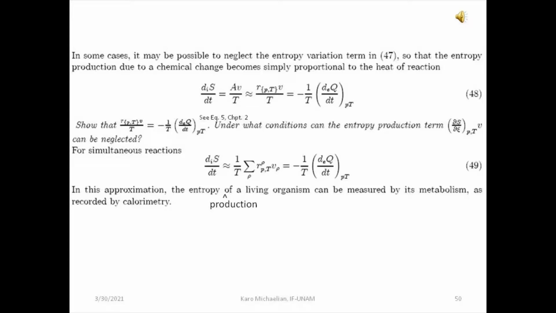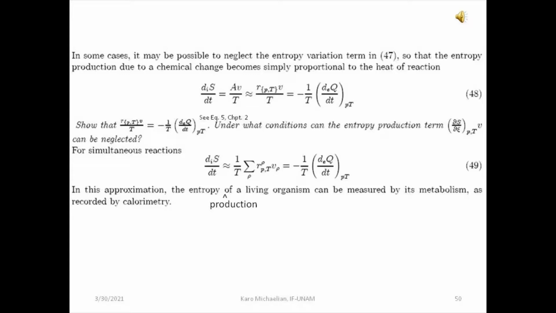So the case we have given is just for one chemical reaction, but we can do the same for a system in which there are multiple simultaneous chemical reactions occurring. Then to determine the entropy production, it is just approximately equal to the sum over all the heats of reactions times their rates, the velocity of the reactions.